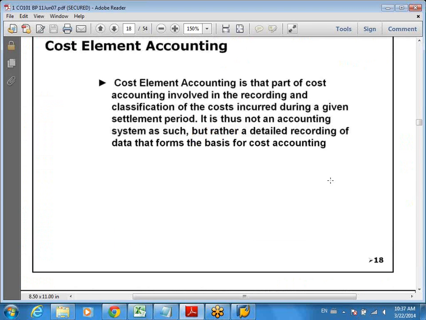Cost element accounting. Cost element is that part of the cost accounting that involves the recording and classification of the costs. Means what type of cost do I have? At what granularity do I want to manage my costs, right? Travel, marketing, salaries, computer expenses, whatever you want to classify the cost, you want to have that in your cost or in your P&L.